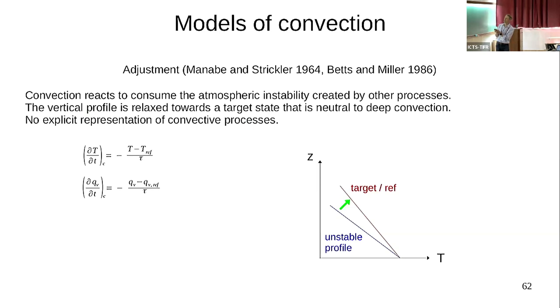You could choose a target that is a little bit different. And so you actually just relax whatever temperature and moisture you have to the reference with a certain time scale, tau. Very simple model. It's very effective, and it's doing fine. But again, there's no explicit representation of the convective processes, which makes us sad. It's hard to add the complexity that we can think about in convection.